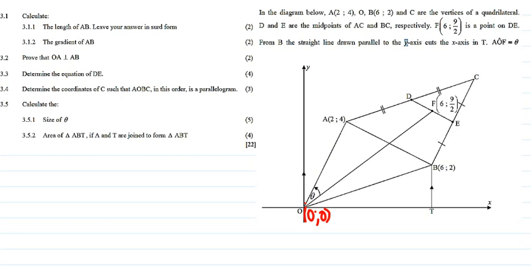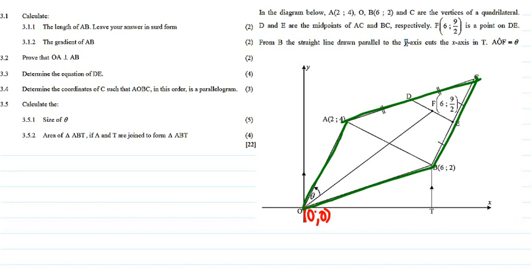If A, O, B, C is a parallelogram, if that is indeed true, let me trace it down. That is A, O, B, C. So if this is truly a parallelogram, then here are the implications. Two opposite sides are equal and parallel. But not only that, the diagonals bisect.